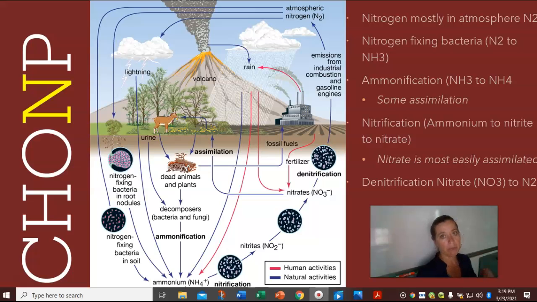The second way, which is much more common, is our friends the microbes in the soil can actually take atmospheric nitrogen and turn it into usable nitrogen in the soil. Now, remember, if you take an element that's unusable and you turn it into a usable form, we call that fixing. So these nitrogen fixing bacteria take atmospheric nitrogen and turn it into a usable nitrogen form.